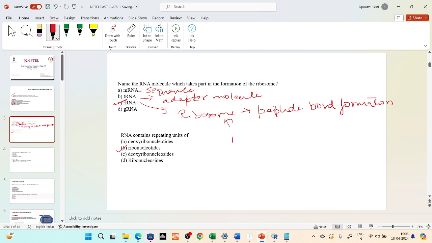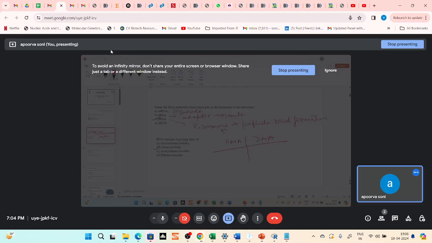Because if you see RNA and DNA, the basic difference is that at the 2nd position there is OH in the case of RNA.